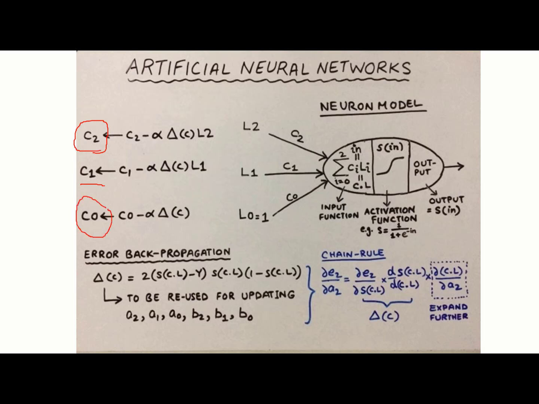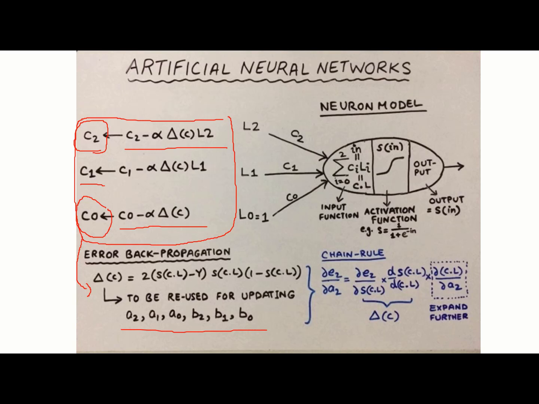And if you rework what we did in the previous slide, you will find the expressions for C0 and C2 like this. The updated values of these coefficients will be further used to calculate the values of the remaining coefficients, A's and B's.